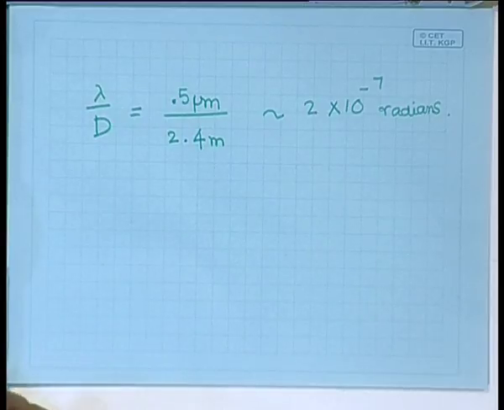So, with the Hubble Space Telescope, I would be able to resolve two sources if the angular separation of these two sources were equal to or more than 2 into 10 to the power minus 7 radians. If the angular separation was less than this, I would not be able to resolve the two sources.